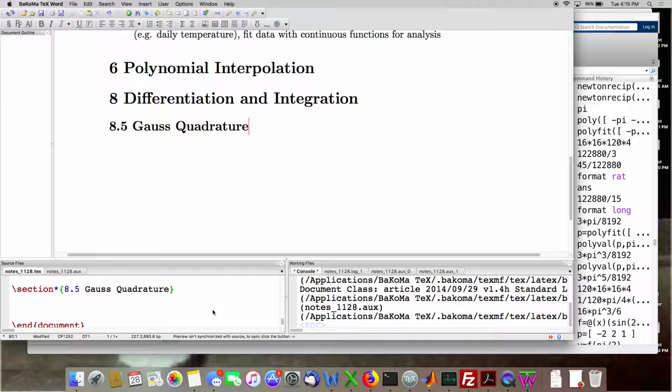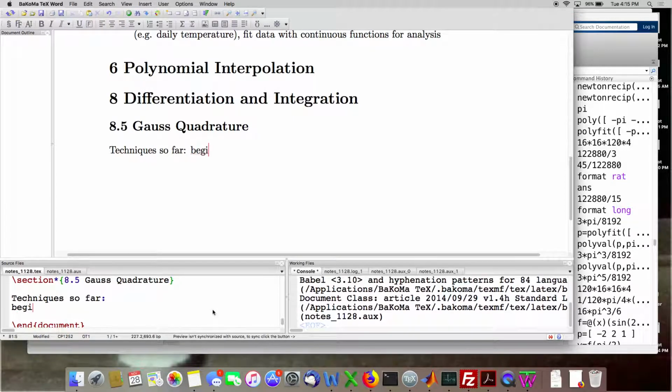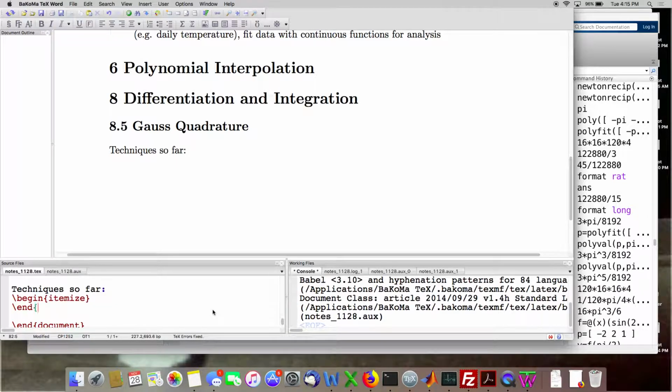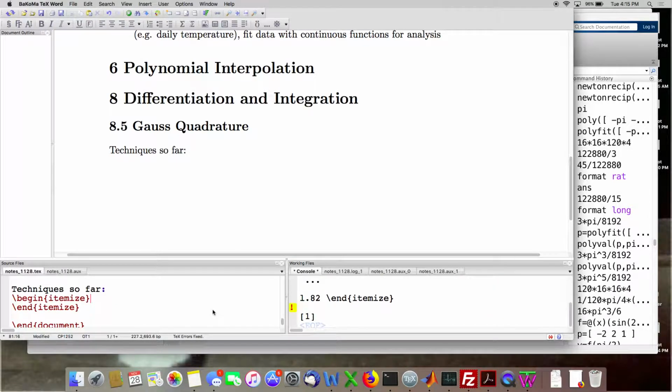For the techniques seen so far, I'm going to give a quick rundown of why they're not so great.